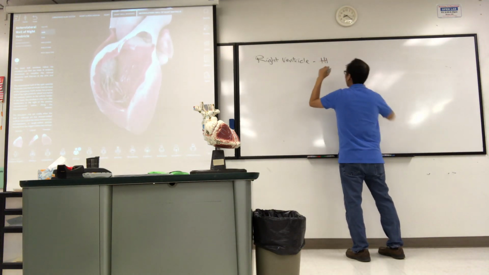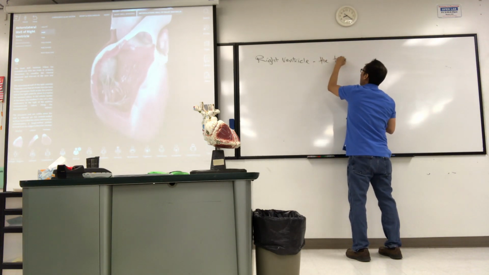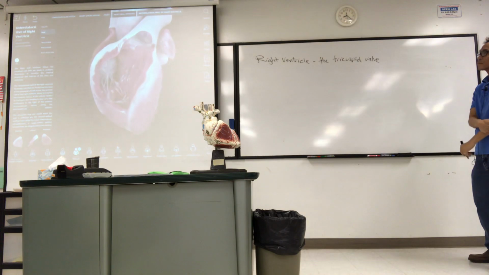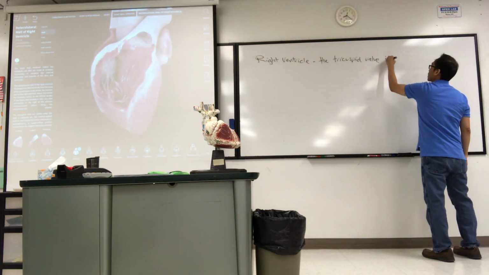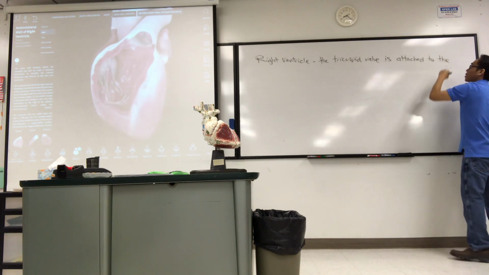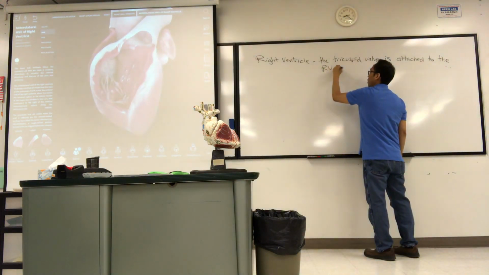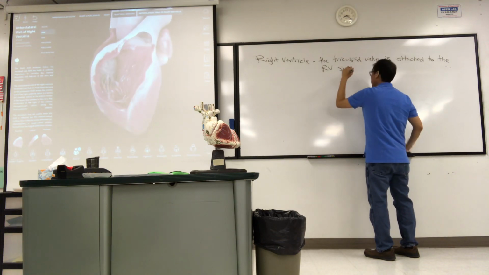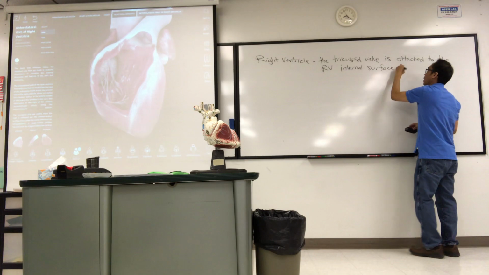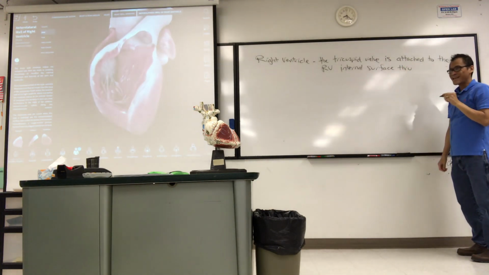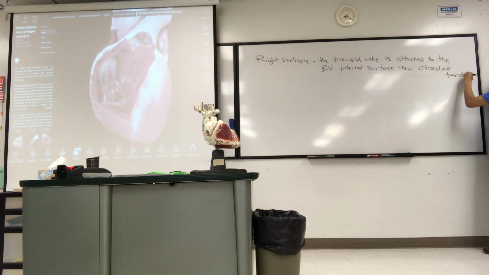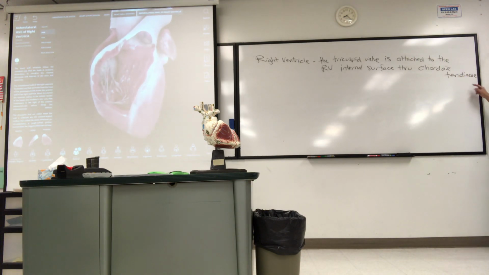the tricuspid valve is attached to the RV internal surface through chordae tendineae.